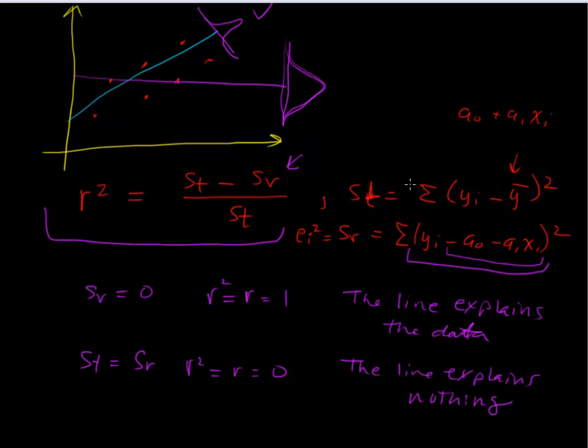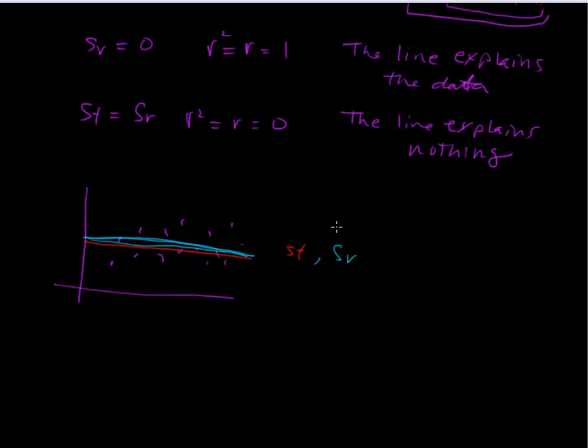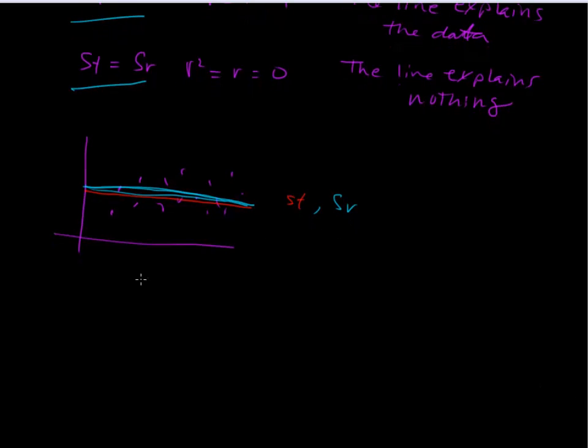It would be almost the same as if we had some data here, and we took the mean value and got an ST, and then we took the line fit to the data, and that would be SR, and they were the same thing. So we have two extremes where the line explains everything or the line explains nothing, and that's where we get that R value.